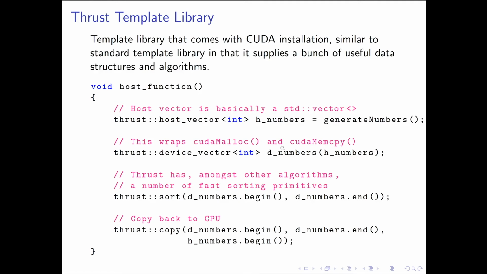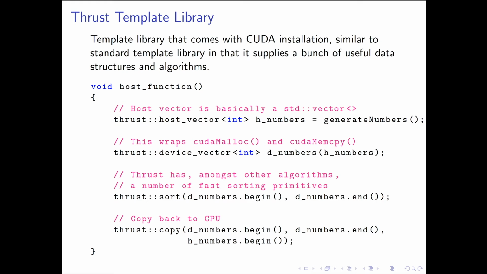Another miscellaneous topic, but actually quite helpful, is the Thrust template library that comes with CUDA. When you install CUDA, you also install the open source template library Thrust. This is a C++ library, and the Thrust library provides lots of very helpful facilities to make use of the CUDA API.